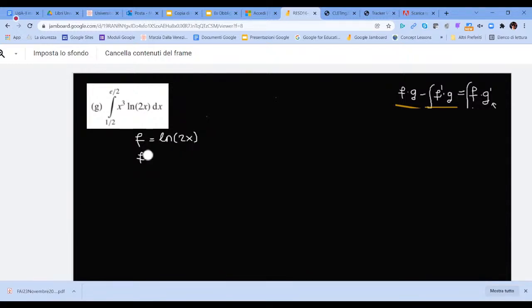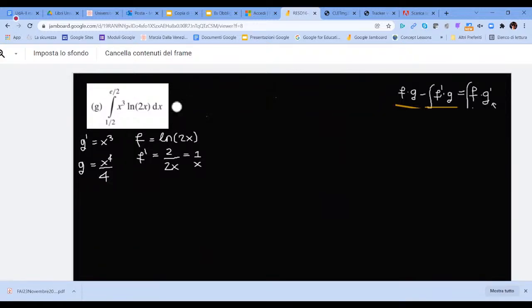That means that we should compute f prime, and that will be 1 over the argument of the logarithm multiplied by the derivative of the argument. So this is 1 over x. And what we consider as g prime is x cubed. That means that we want to integrate x cubed, and this is x to the 4th power divided by 4.